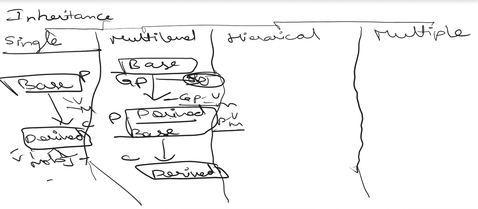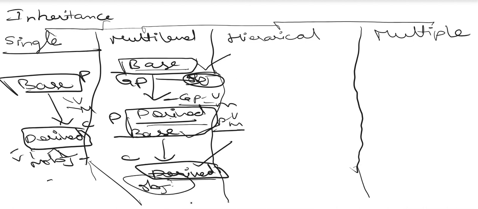If we create an object for the child class, we can access variables and methods from the grandparent, parent, and child. So with only one object we can access all three classes' variables and methods. This is multi-level inheritance.